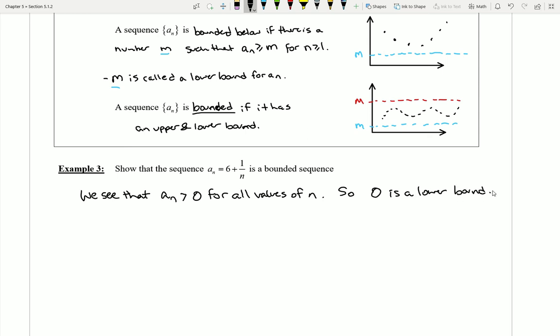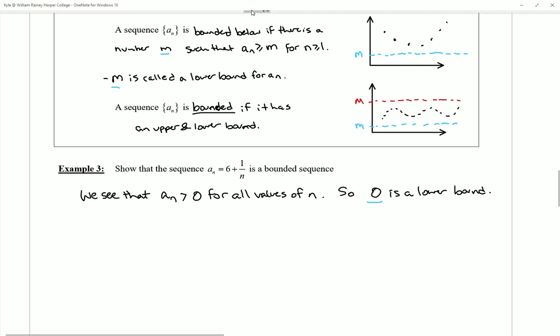Notice this isn't the only lower bound. Couldn't you say that this sequence is never going to produce a number that is smaller than 2? Because it's always 6 plus some positive amount. So it's important to note here that this value that I found for m isn't a unique value. I just am looking for a possible value.